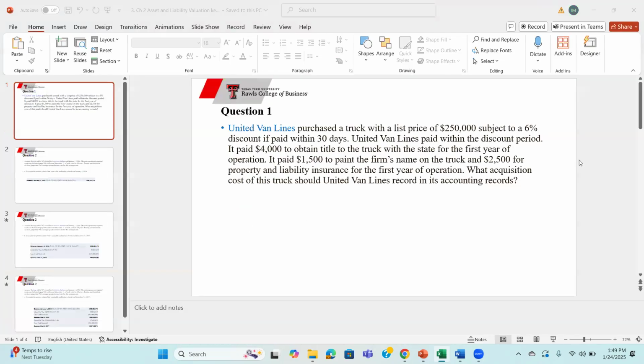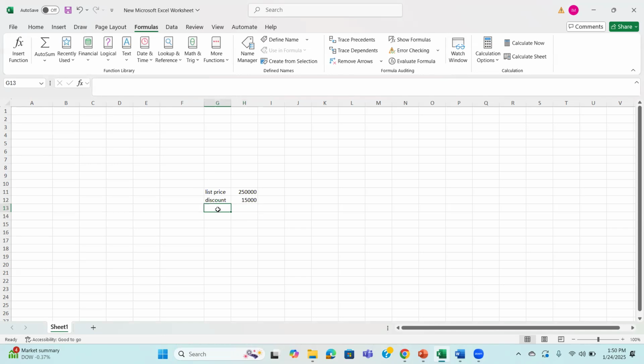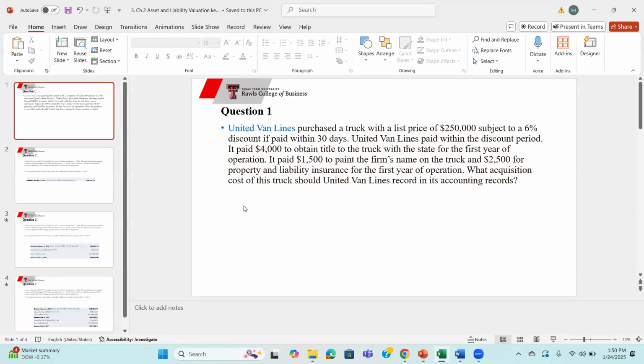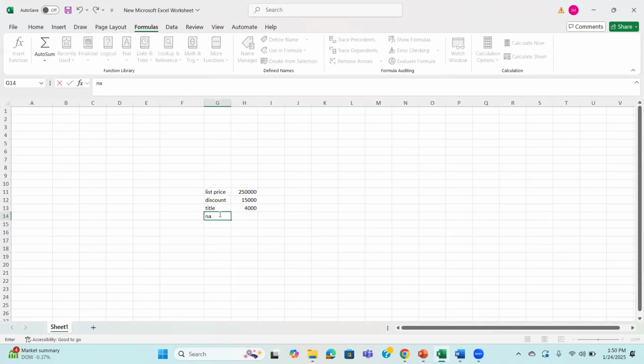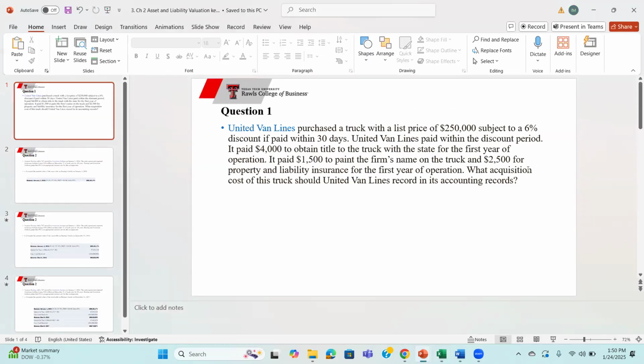So 15,000, and we have the discount period. It paid 4,000 for the title. So another expense is title, 4,000 here, and 1,500 to paint the firm's name. So for the name, 1,500, and you can see here 2,500 for the property and liability insurance.